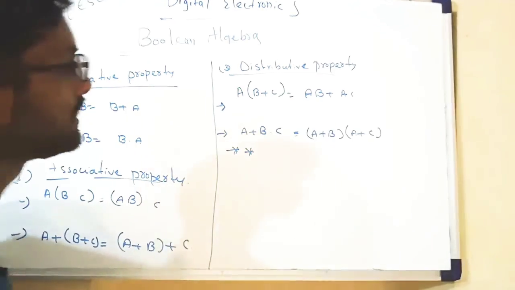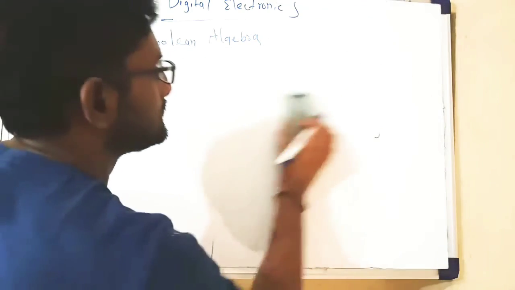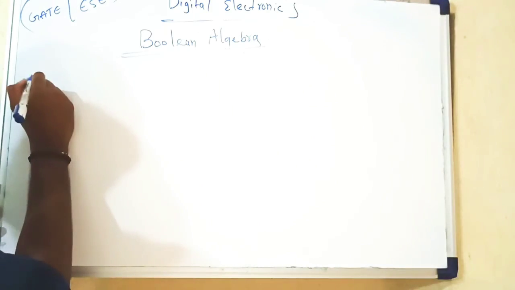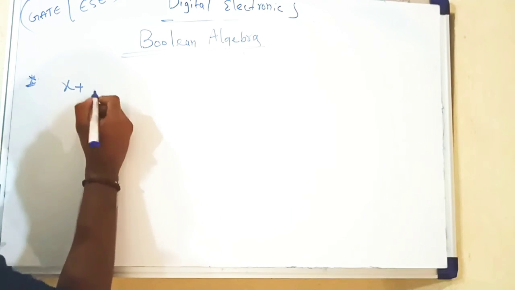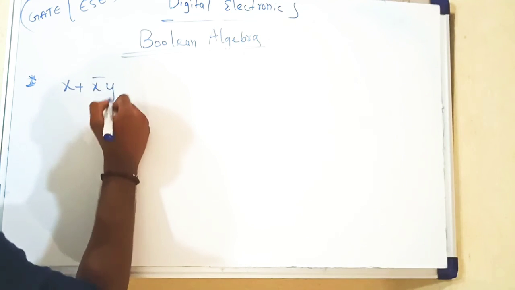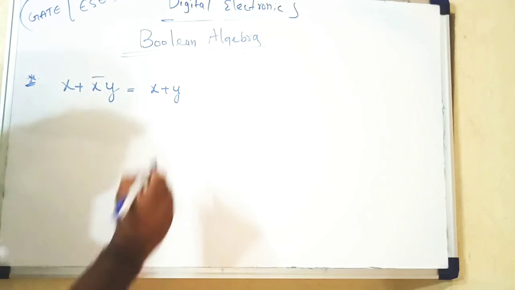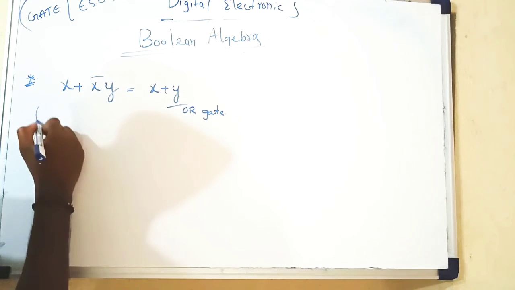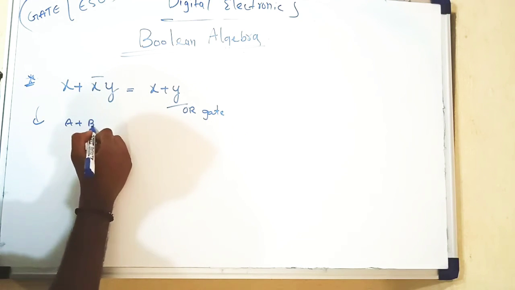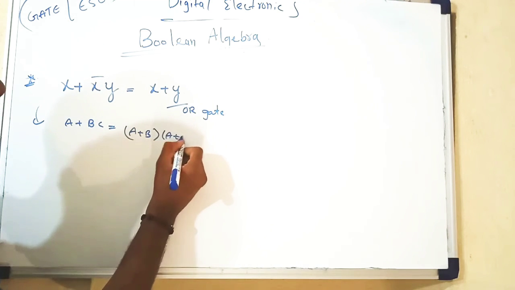Now we'll see some realizations. I want to prove x plus x bar y is equal to x plus y, which is this OR gate. We'll see the gates in the next classes. Here we have seen the distributive property, a plus bc as a plus b into a plus c.